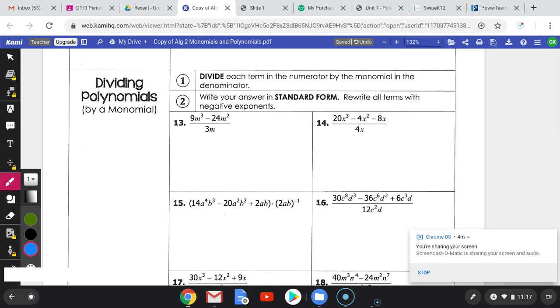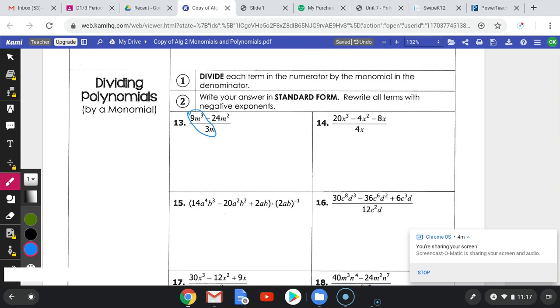When dividing polynomials by a monomial, so by one term, as it says, the steps are: divide each term in the numerator by the monomial in the denominator, then write your answers in standard form, and if you have any negative exponents, rewrite them as such. If I look at number 13, you're going to take 9m cubed divided by 3m.